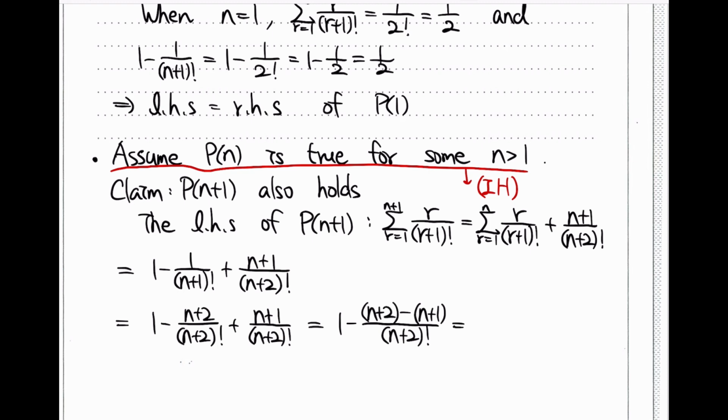So it is 1 minus 1 over (n plus 2) factorial, which is equal to the right-hand side of P of n plus 1. So this completes the proof of the second step, and thus completes the proof for the whole question.